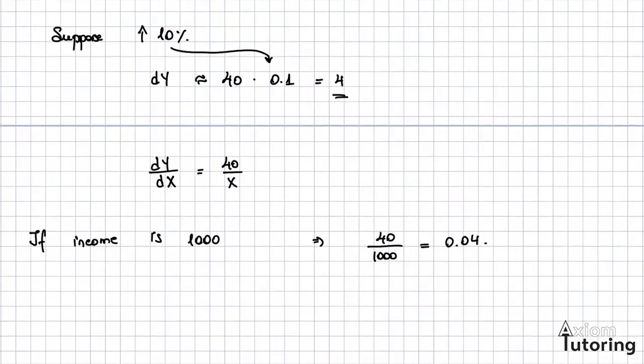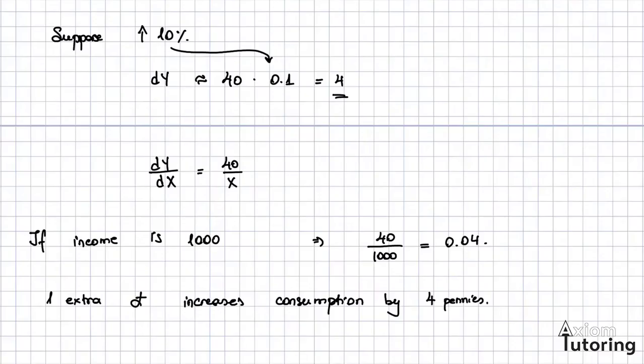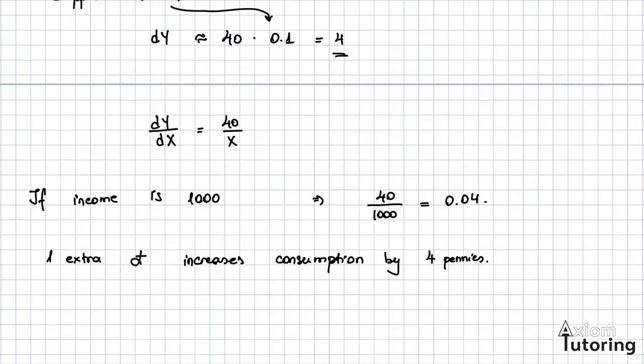Which means that 1 extra pound increases consumption by literally 4 pennies. And if income is 2,000, you have 40 divided by 2,000, which is 2 pennies. So the marginal effect of a 1 unit change in income depends on the level of income.